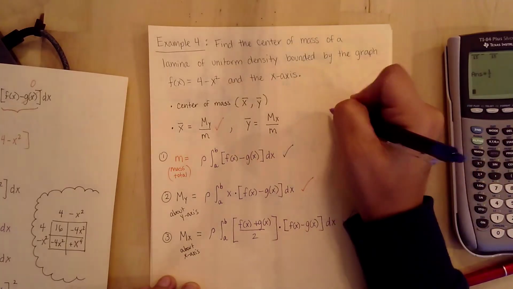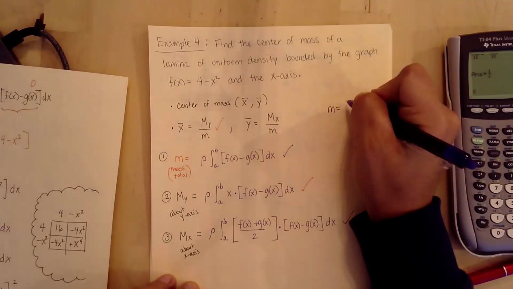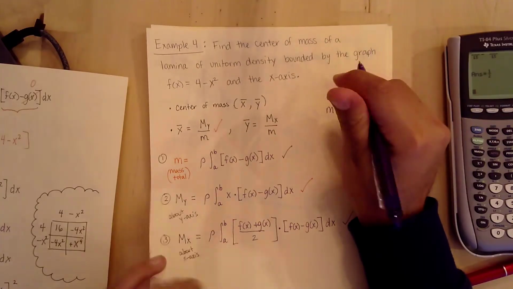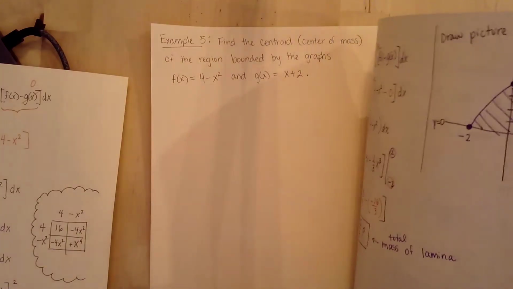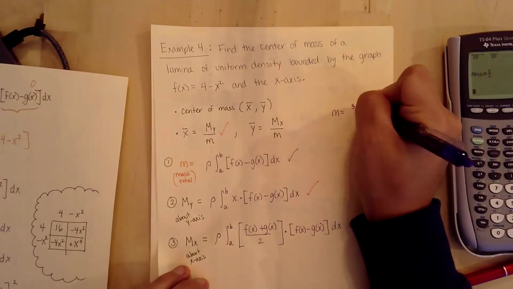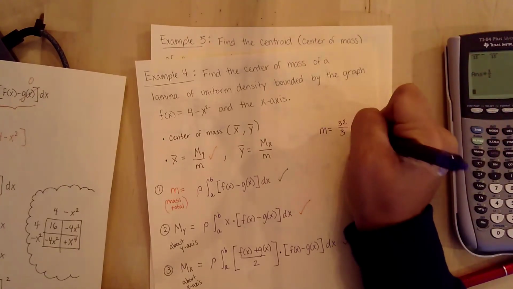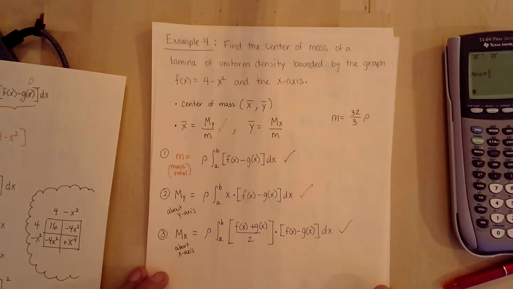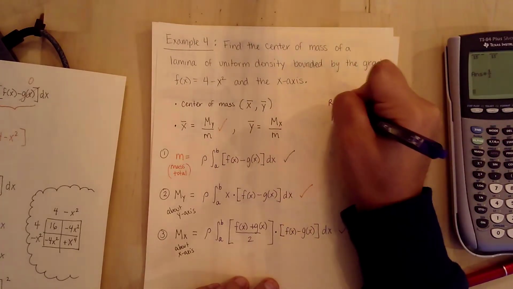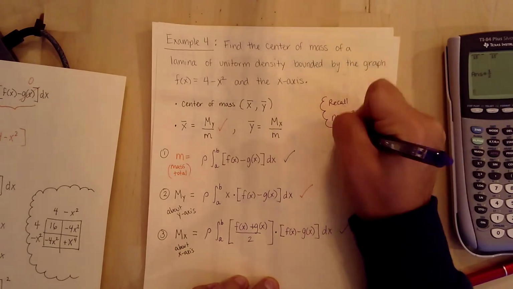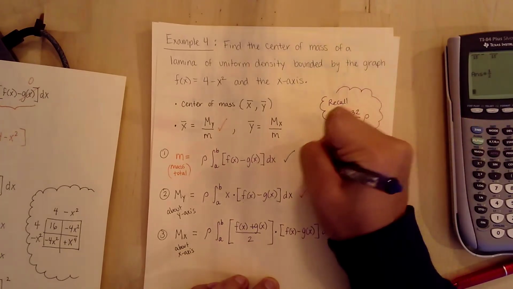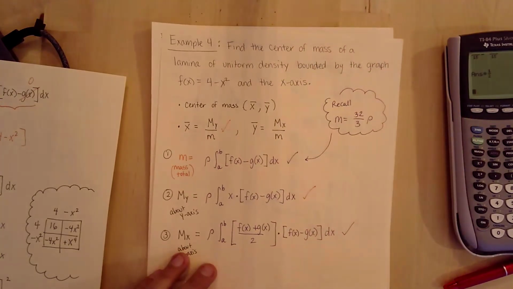So again, to remind ourselves, m was equal to 32 over 3 rho. Just recall that we found this already by using this integral.